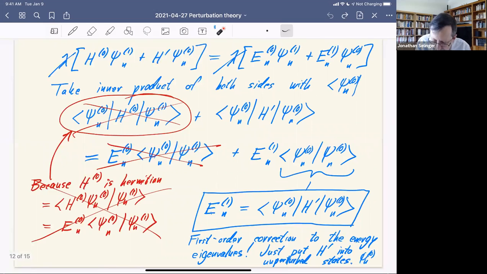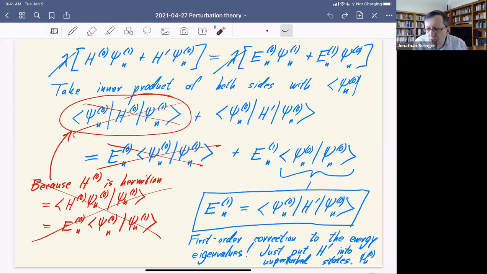Here's the equation for blue equals blue. We took the inner product of both sides with this product. So now the inner product of the left equals the inner product of the right. That is necessary, but not sufficient.